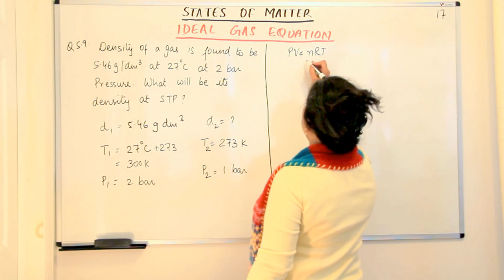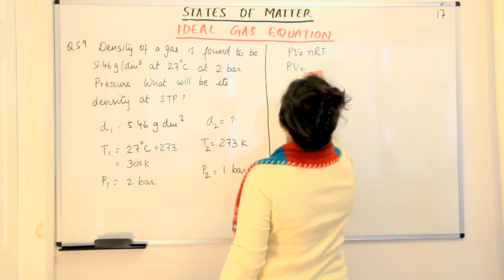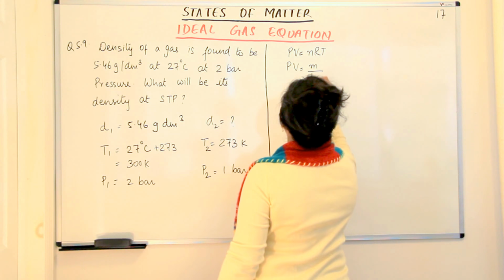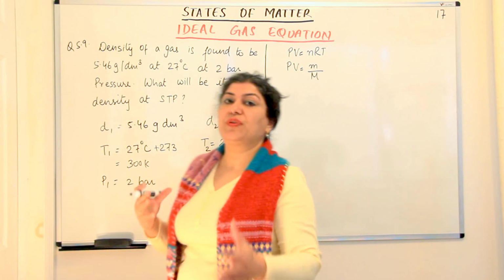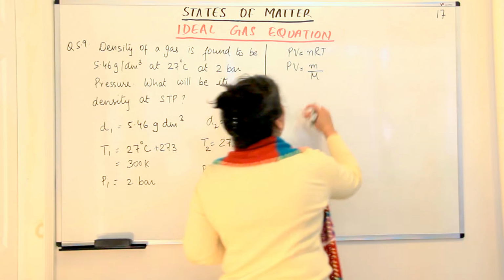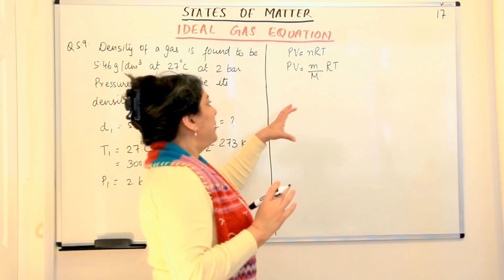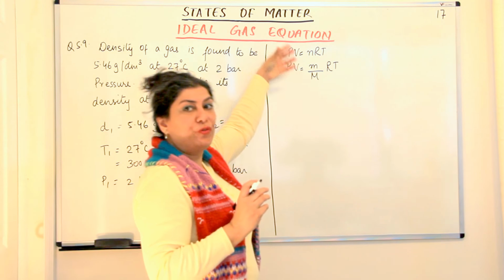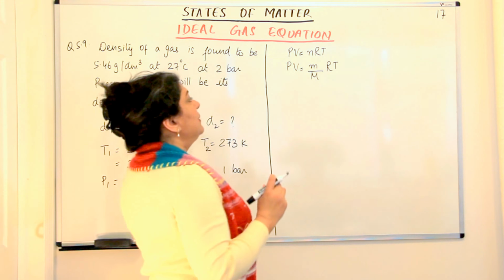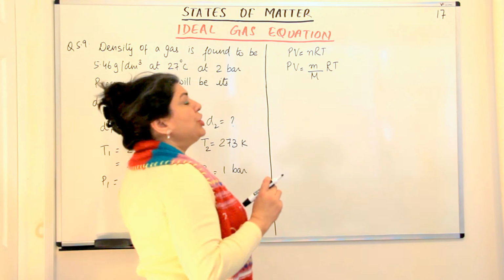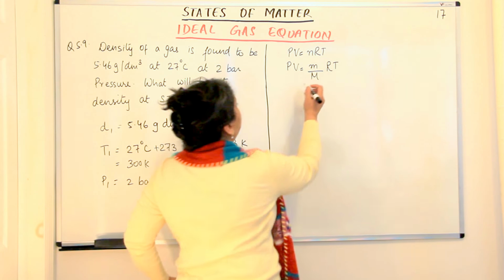So we know what is number of moles? PV is equal to small m over capital M, where small m is the mass of the gas and capital M is the molar mass of the gas, RT. I'm just doing the derivation here so that you know how we moved from the ideal gas equation to that version of it which includes the density.